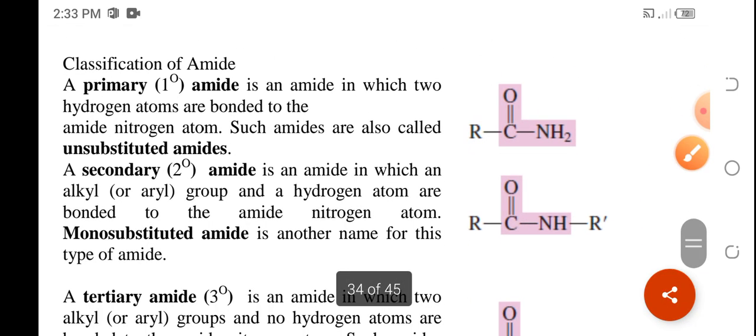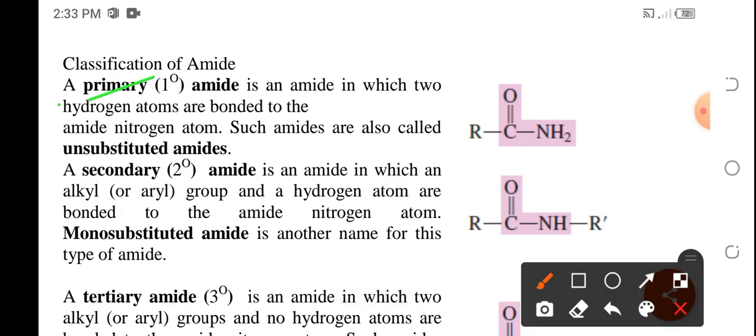We have a classification of amides: primary, secondary, and tertiary. For it to be a primary amide, it will follow the structure RC double bond O NH2, wherein the amino group, the nitrogen particularly, will be bonded to two hydrogens.